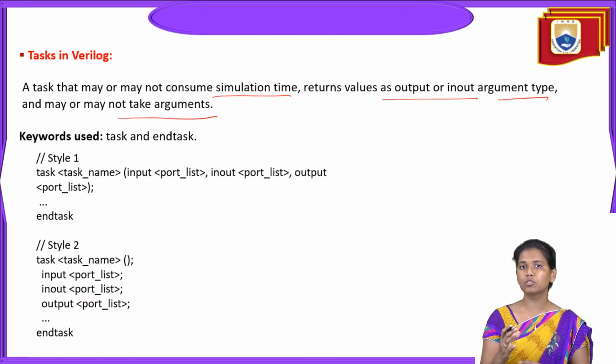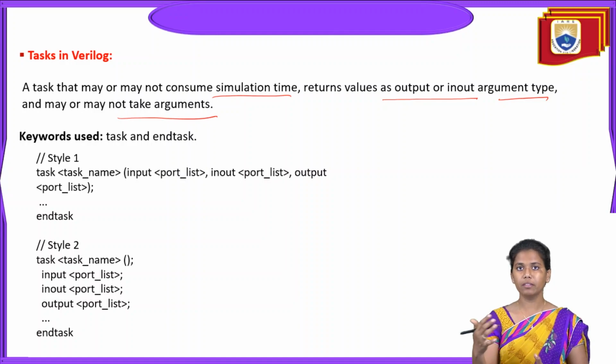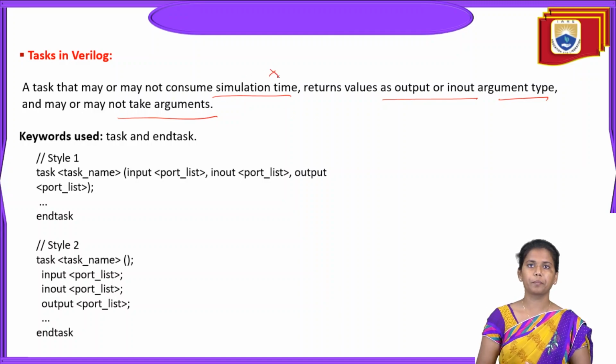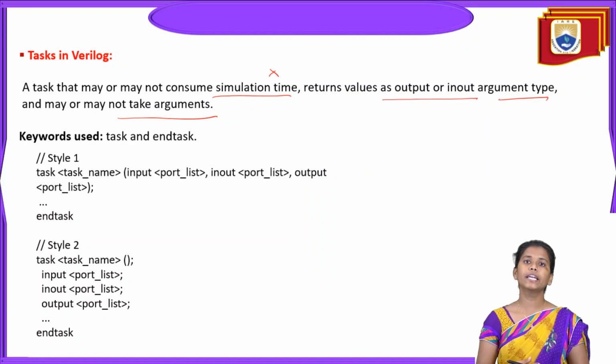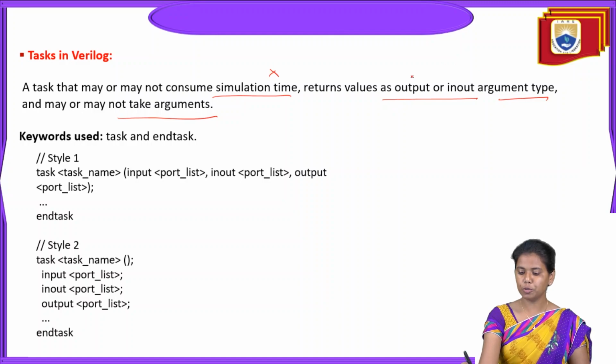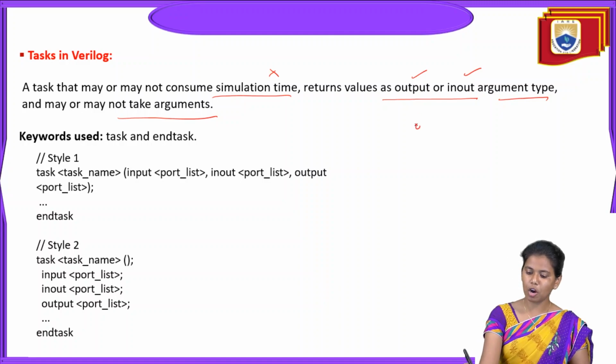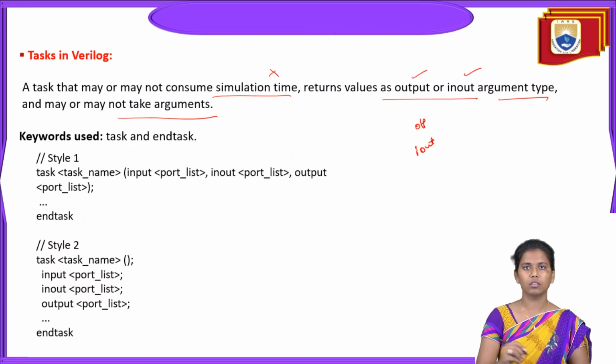Remember that it's almost like a function, but here it may not consume simulation time. There's no need to consider the simulation time. The return values may be in terms of output or in-out arguments, right?